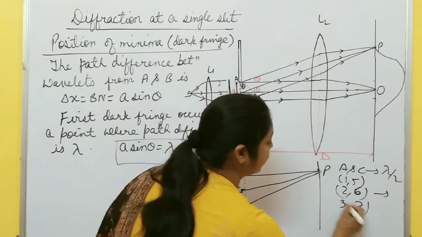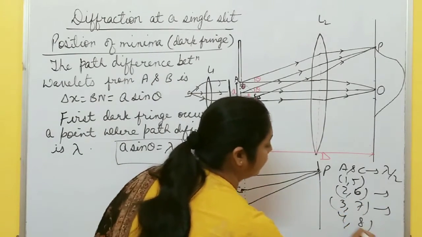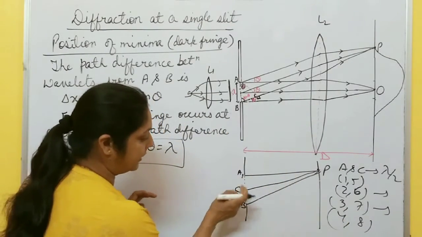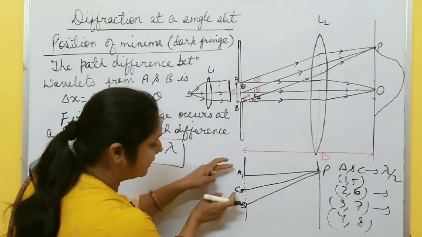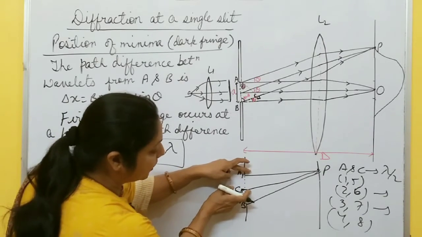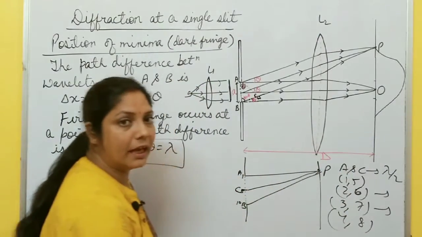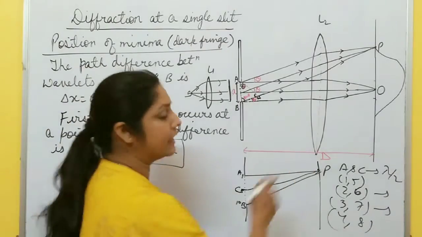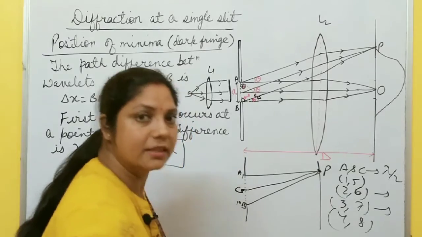Again 3rd and 7th, lambda by 2. Again 4th and 8th, lambda by 2. In this way, when you divide the slit into two equal parts, the path difference between the corresponding points of the two halves is lambda by 2, and this is the case of destructive interference. It means they cancel each other and the net intensity at this point is 0.